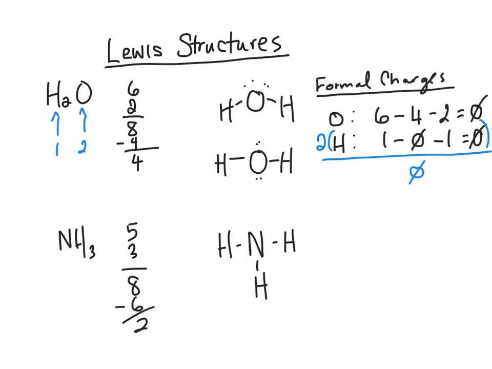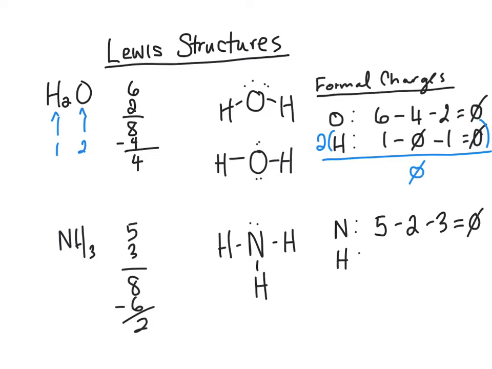They're going to go on to the nitrogen because hydrogen is satisfied, but nitrogen only has 6. There's 2 more to place. So they're going to go on nitrogen to complete its octet. All right, let's check if the structure is right. Nitrogen has 5 valence electrons, minus 2 electrons in lone pairs, minus 3 bonds, gives us 0.